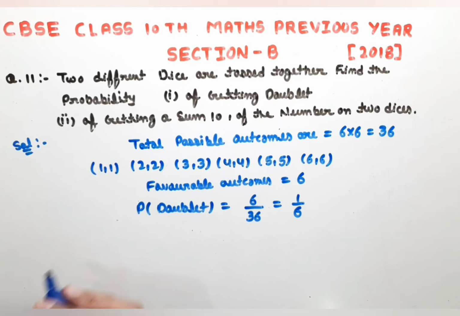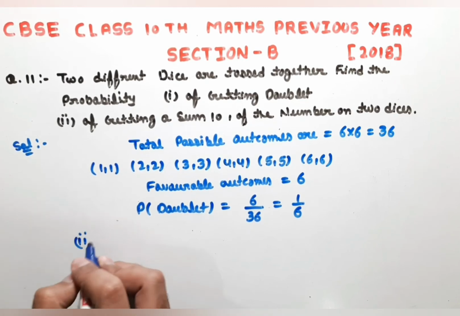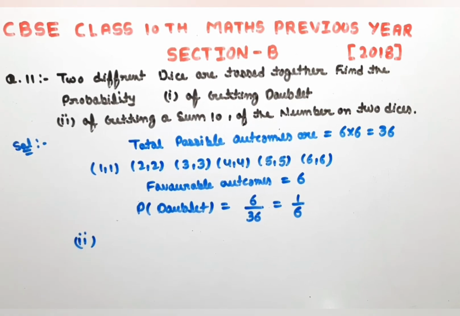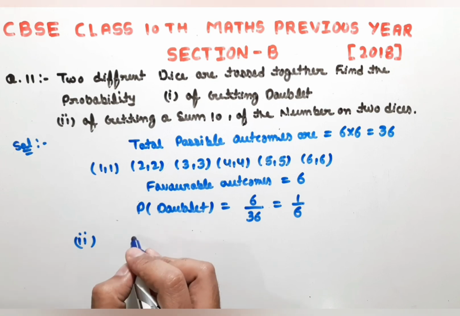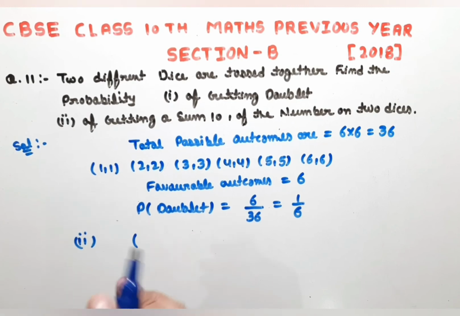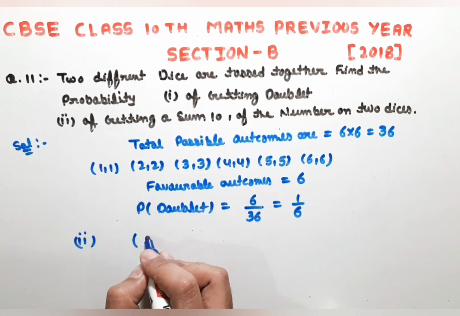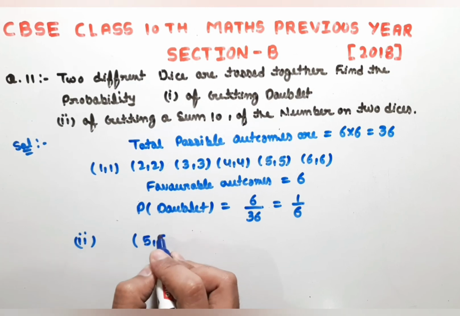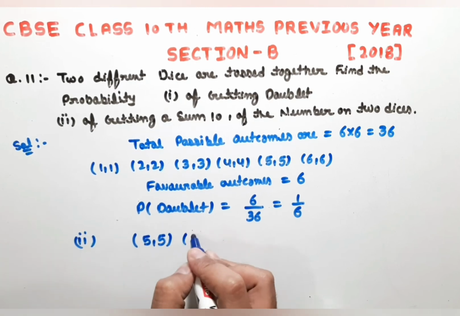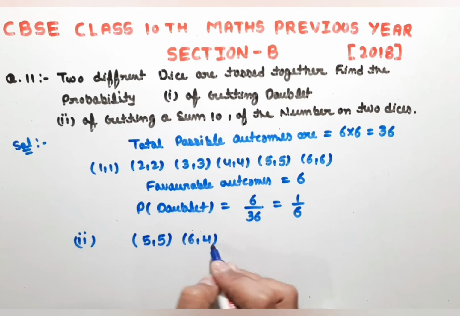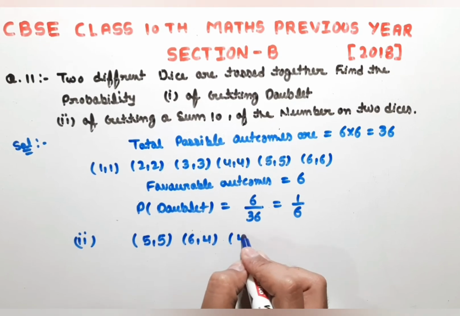Now the second part, we have to find the probability of getting a sum of 10 on two dice. The sum of two numbers on dice can be 10 if the numbers on the two dice are 5, 5, 6, 4, and 4, 6.